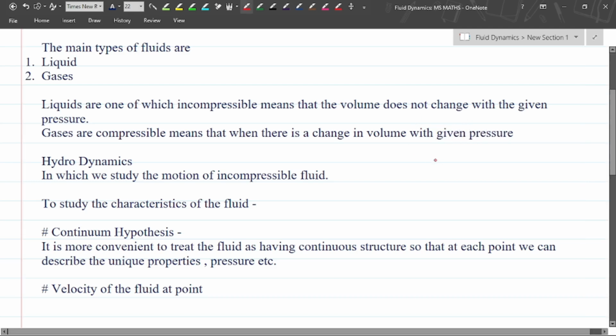We all know the word density. Density is basically mass per volume. In the case of gases, the density is very low because the volume of gases is very high.